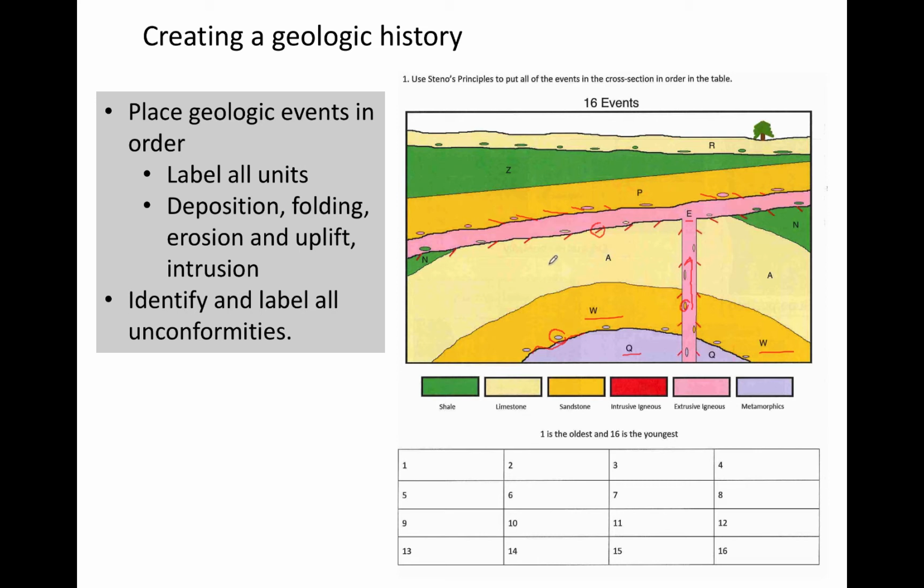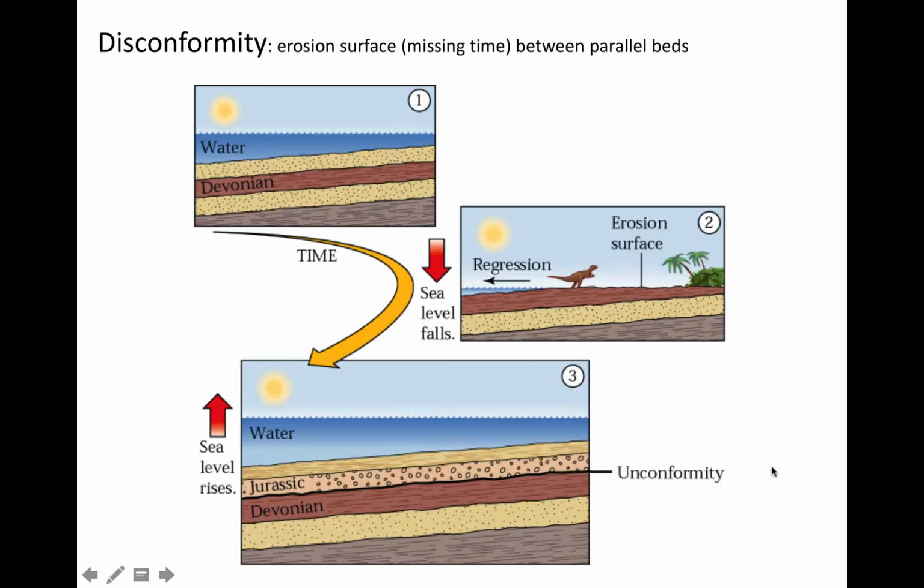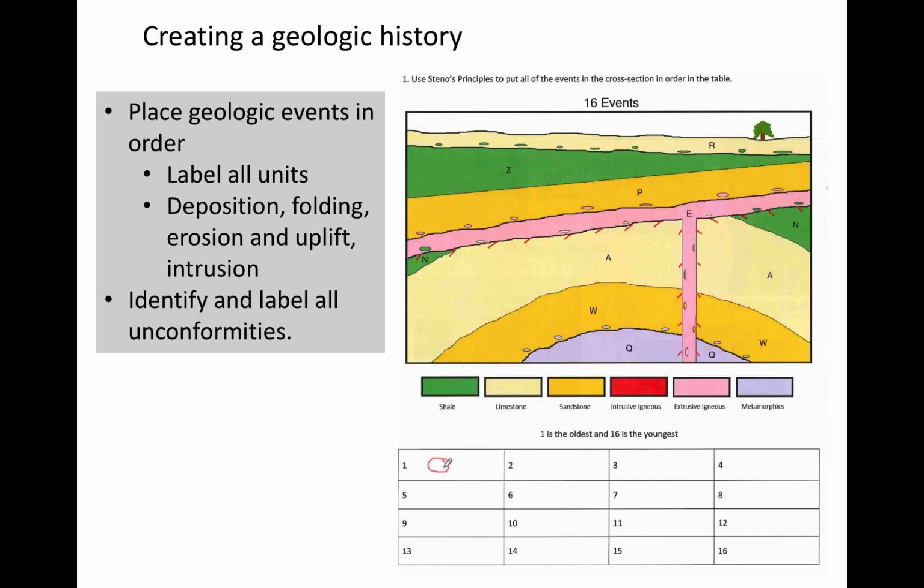All right, so we can go through this process from bottom to top. The first thing that had to happen down here, starting in position 1, is that Q has to be deposited. We then have an erosion period. I'm just going to write ER for that, which creates these inclusions, followed by W, no erosion there, followed by A. Let's fill in these few that I lost track of.